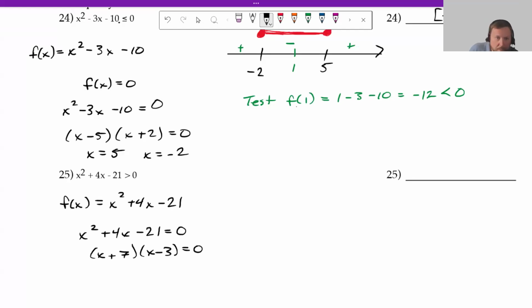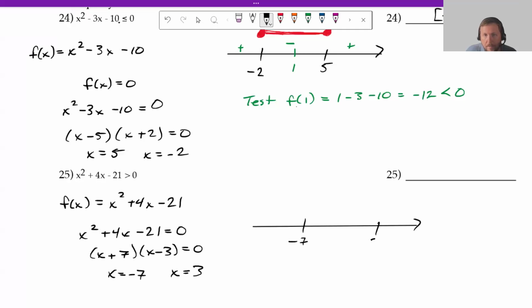And then x equals -7 and x equals 3 are the solutions. Make my number line: -7, +3. Check my inequality. It's strict, so I'm going to write open circles here because I want to make sure I'm not including those.